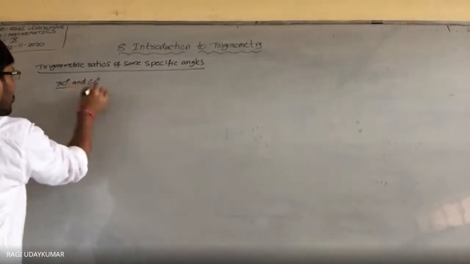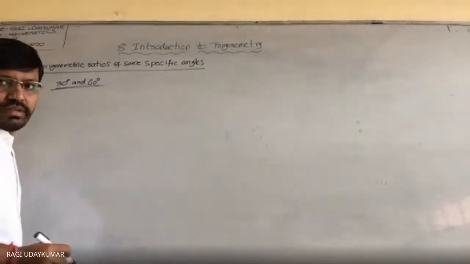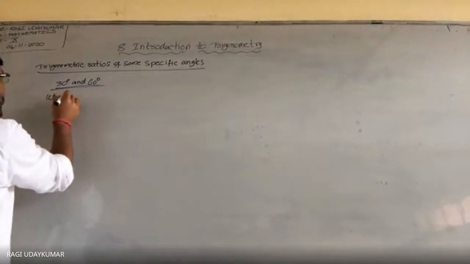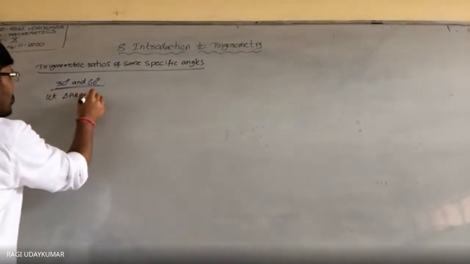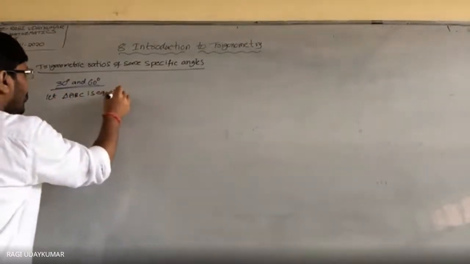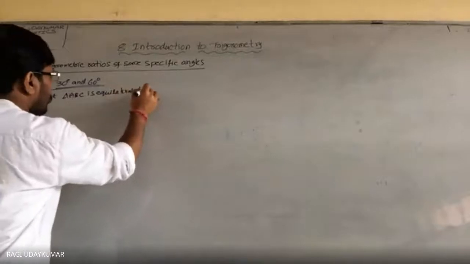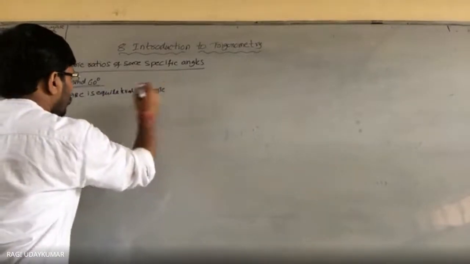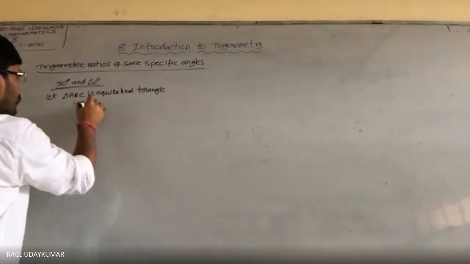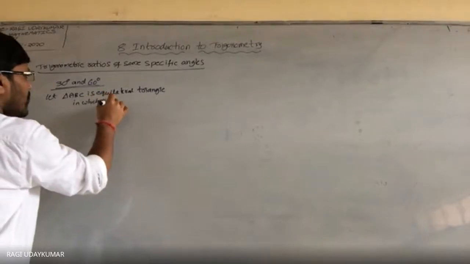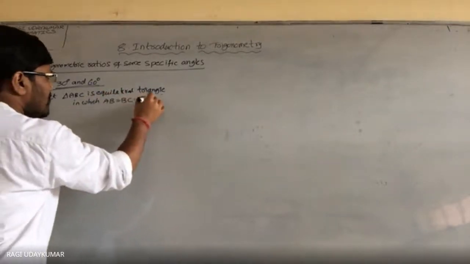So now let us move to the 30 degrees and 60 degrees angles. Let the triangle ABC be an equilateral triangle in which AB is equal to BC is equal to AC is equal to a.